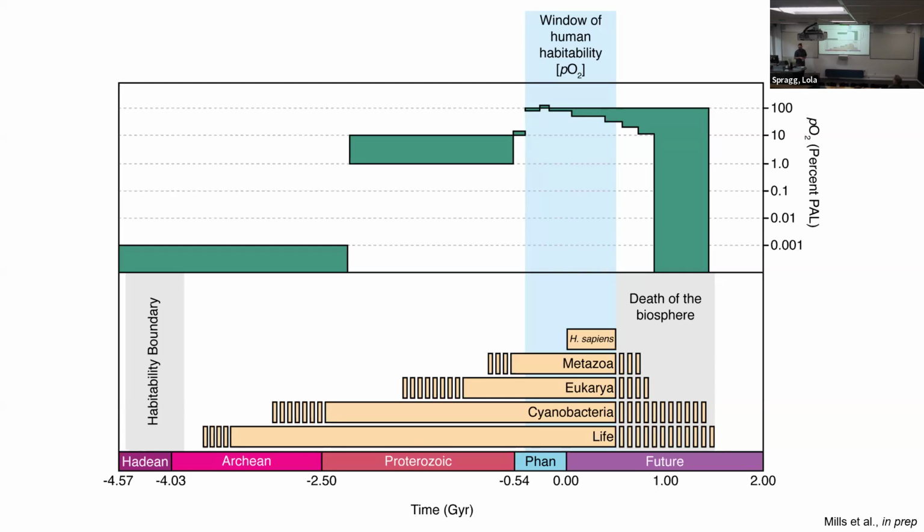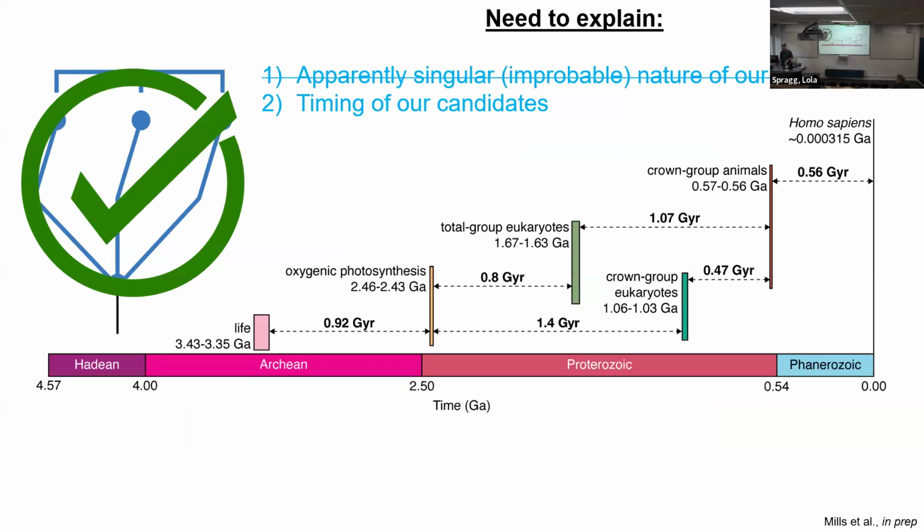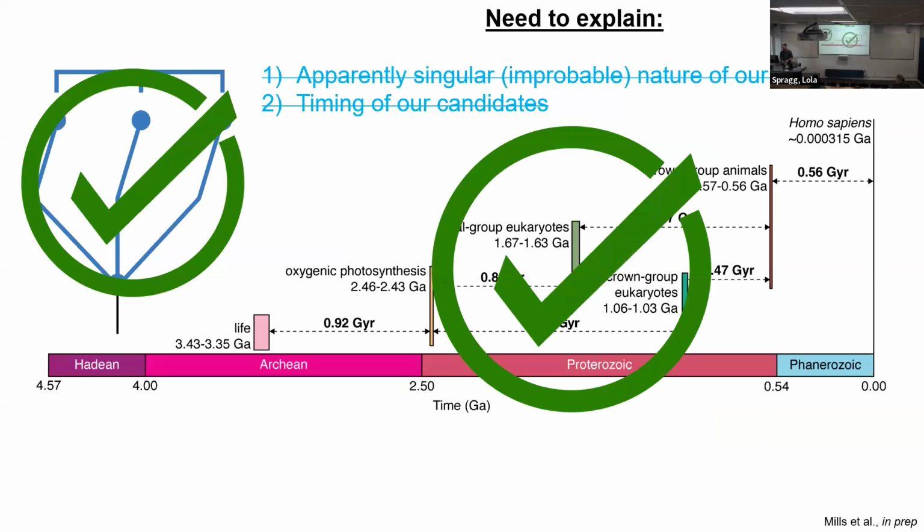But when you look at it like this, it explains why humans evolved so late in Earth history, or when they did, because that's the only interval in Earth history that they could have evolved in. So if we go back here, the two things we need to explain, we've potentially explained both of these things, which is an alternative to the hard steps model.